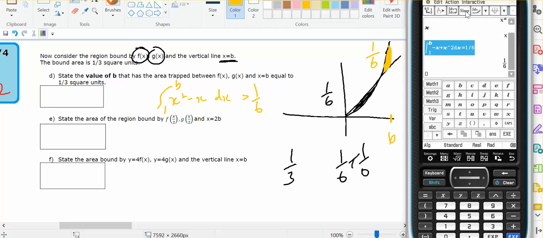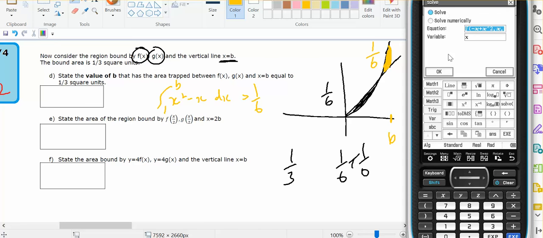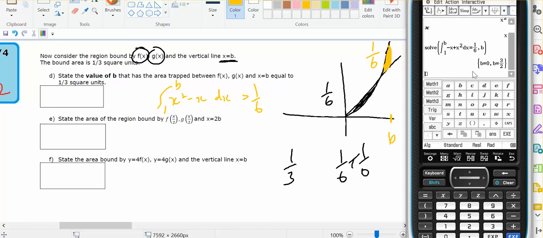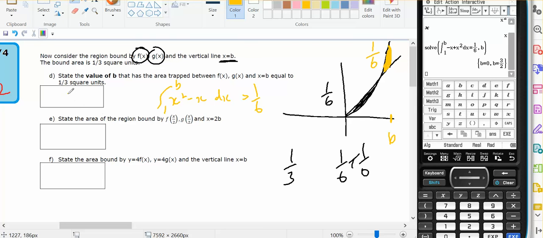I'm going to solve for b. And it's either 0 or it's 3 on 2. And of course 0 will give me 1/3 because that's 1/3, 1/6 down here. So b equals 3 on 2 is going to be my value.